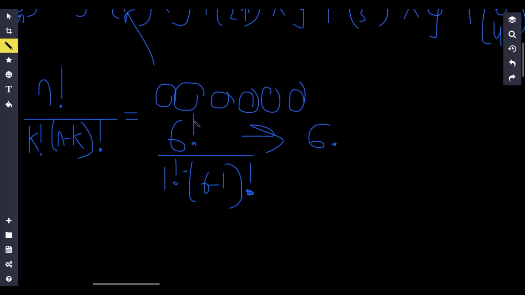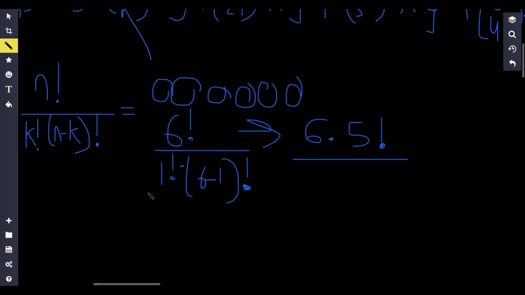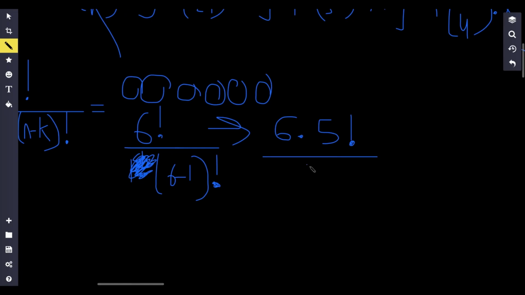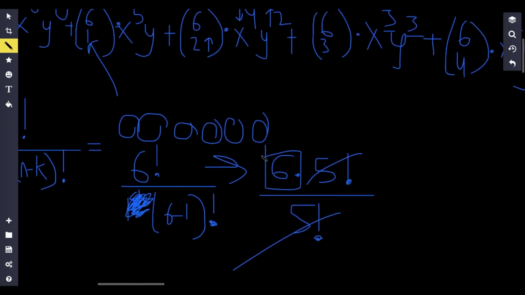So 6 factorial, we can rewrite as 6 times 5 factorial. On the bottom, the 1 factorial is just equal to 1, so we can ignore that. And we have 6 minus 1 factorial, aka 5 factorial. The 5 factorials cancel out, and we get 6 once again.